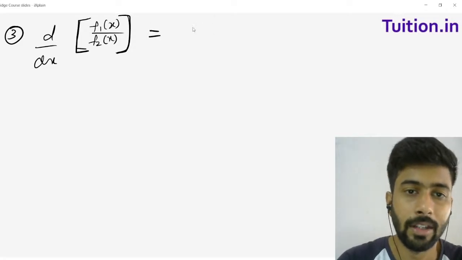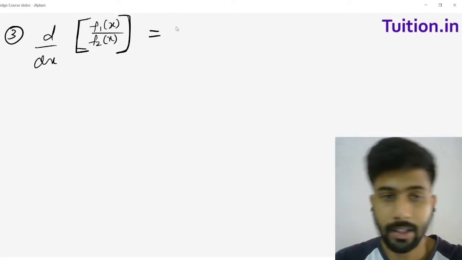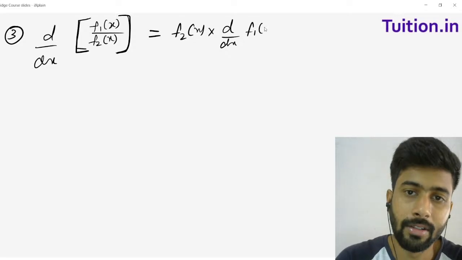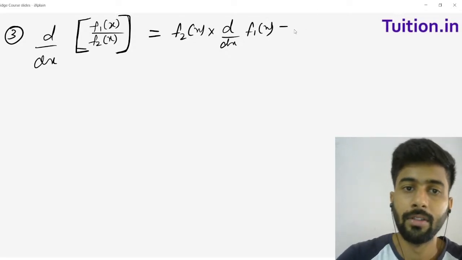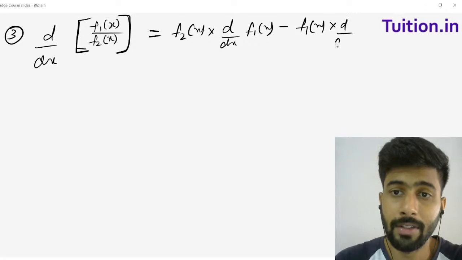Okay, and the law says, first you take f2x as it is, multiply that with the differential of f1x. Then you take f1x as it is and multiply that with the differential of f2x.